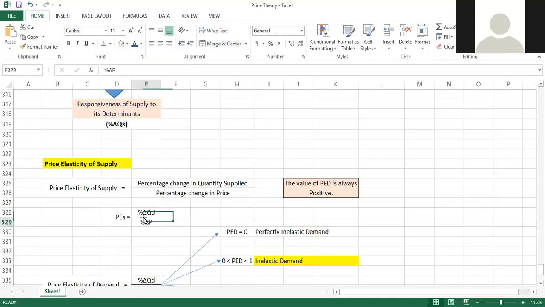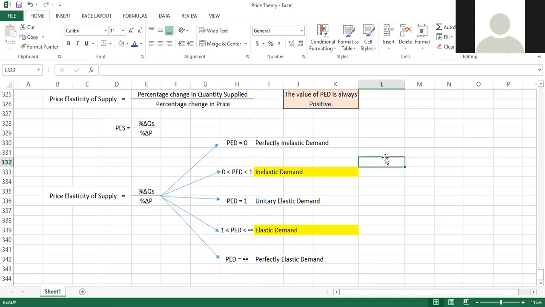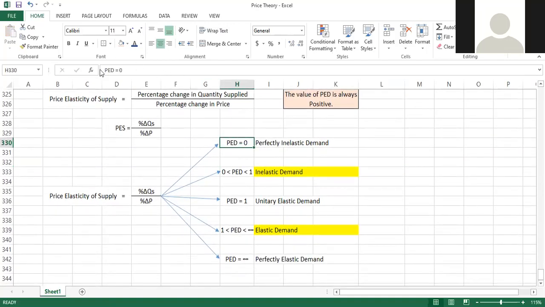And when we calculate the price elasticity of supply, which is the percentage change in quantity supplied as a result of percentage change in price, we can categorize it into the same 5 categories. Therefore, we don't need to spend much time on this. We know the meaning, and it can be categorized into the same categories, right?